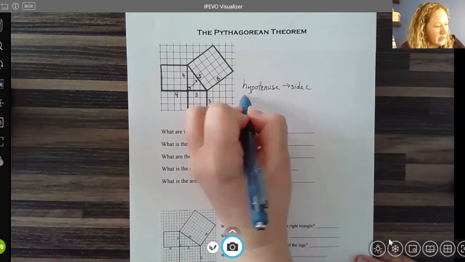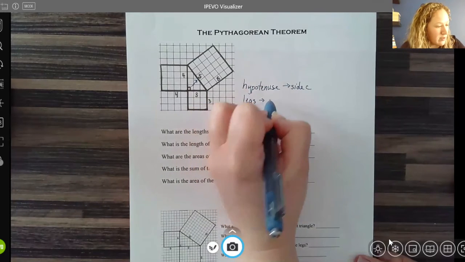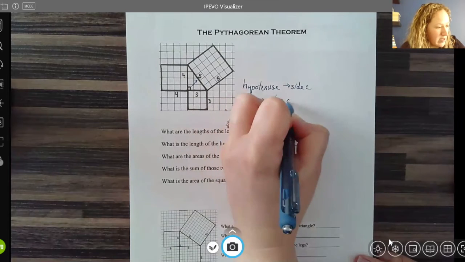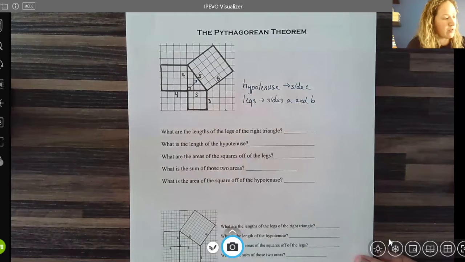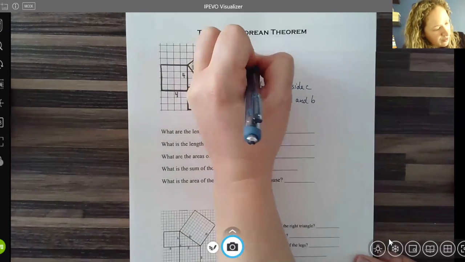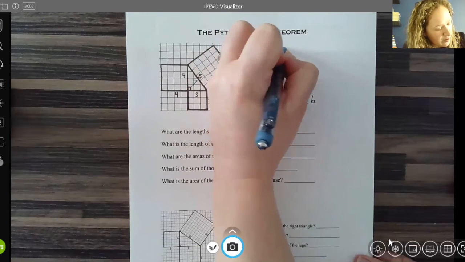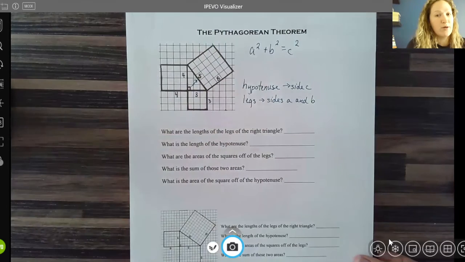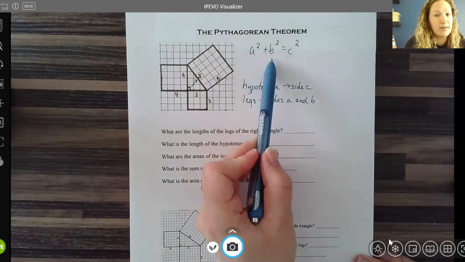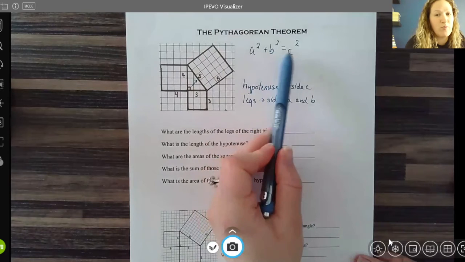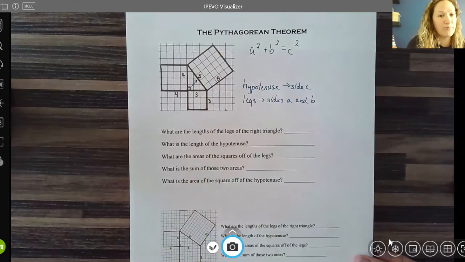Okay, so for the Pythagorean theorem, the hypotenuse is our side C. And then our legs, we're going to label as sides A and B. So if you think about the Pythagorean theorem, A squared plus B squared equals C squared. I'm talking about the leg squared plus the second leg squared should equal my hypotenuse squared.